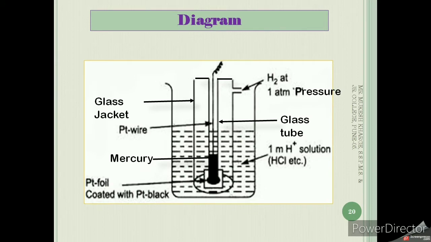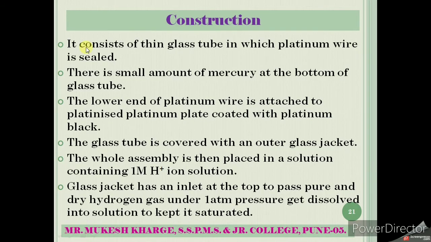Let us discuss the diagram. With the help of this diagram, we will see the construction. The cell consists of a thin glass tube in which platinum wire is sealed. There is a small amount of mercury at the bottom of the glass tube.